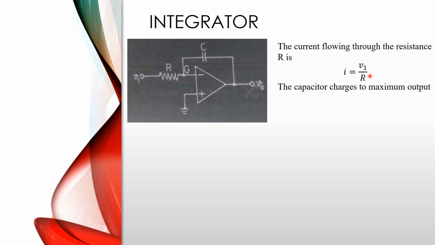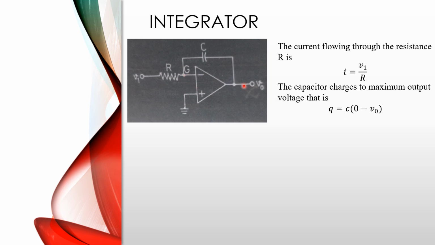The capacitor is connected across the feedback path, that means between the output voltage and the input terminal. So how much the capacitor has to be charged: the capacitor charges to the maximum output, that is Q equal to CV, we know. So what is V? The V value is the voltage difference of these two points, that is the G point and the V0 point.